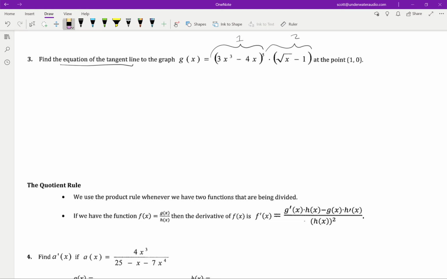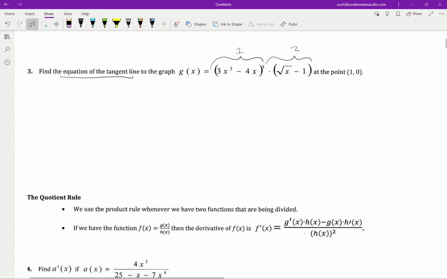You just need to have the derivative of one of these multiplied by the function of the other, and then backwards like that. So how I'm going to do this is I'm going to split this one up into, let's say, f of x, and this one is going to be g of x.